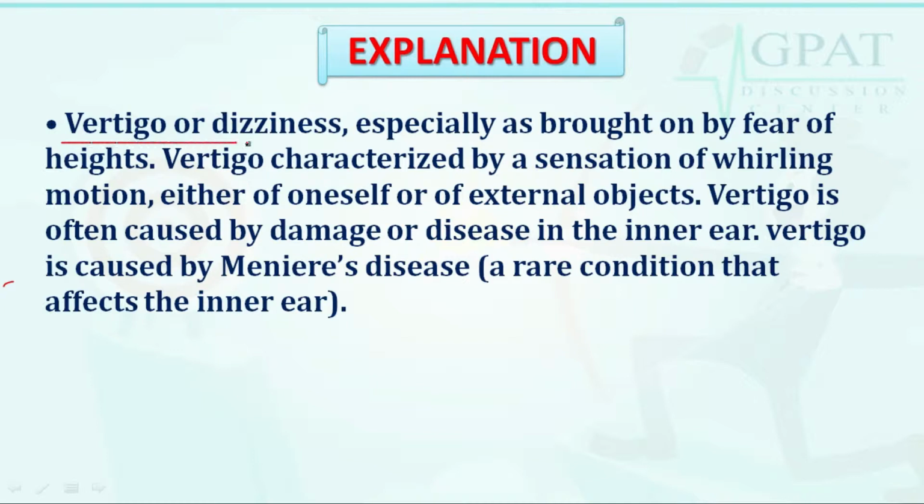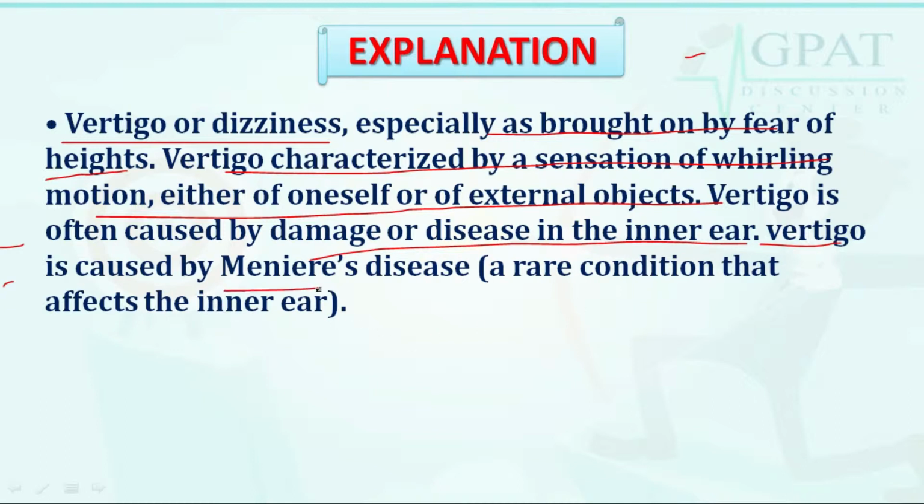Vertigo or dizziness, especially as brought on by fear of heights. Vertigo is characterized by a sensation of reeling and motion either of oneself or of external objects. Vertigo is often caused by damage or disease in the inner ear. Vertigo is caused by Meniere's disease, a rare condition that affects the inner ear.